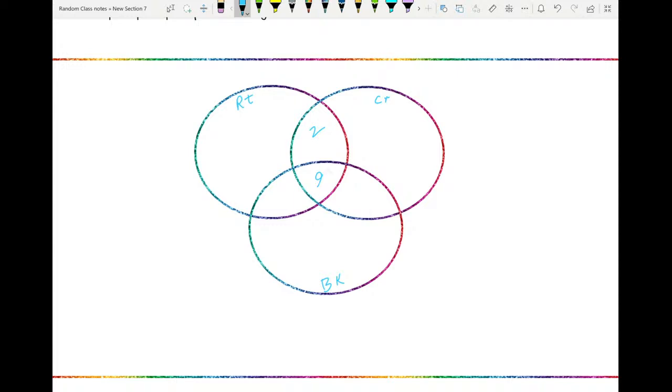If I have used 9 and there are 22 in this section, subtract it, and I get 13 left. And then you have roulette and blackjack. 51 played blackjack and roulette. So this is the region we're looking at. Again, I'm going to subtract 9 from it. I get 42.